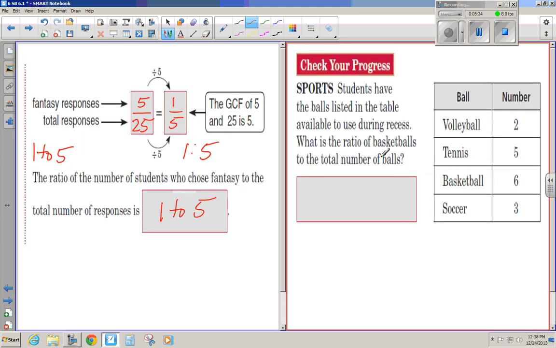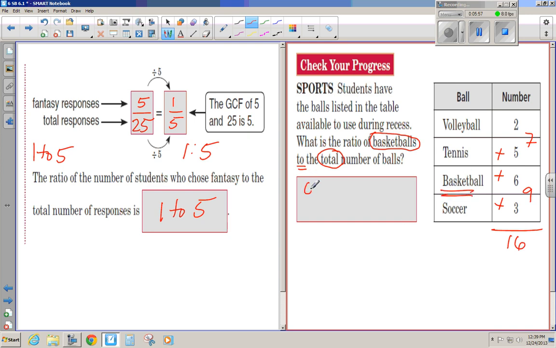All right, let's check your progress. It's going to be the exact same setup. It's the ratio of basketballs to total. So we're going to add up all of these balls. 9 and 7, so there are 16 total.